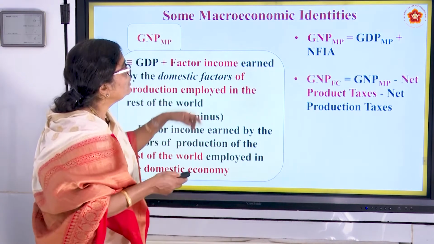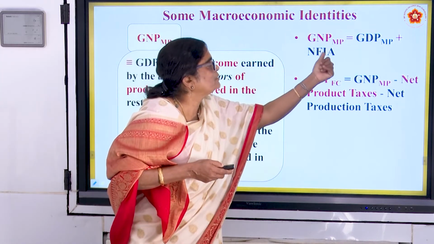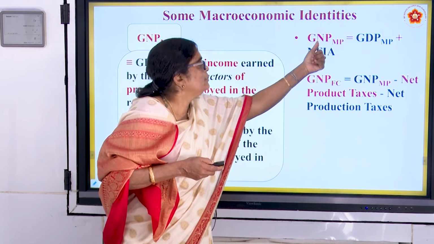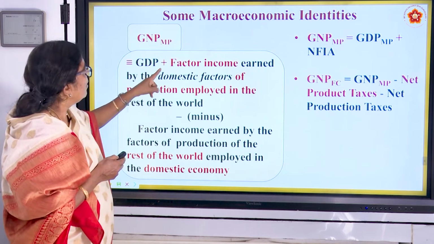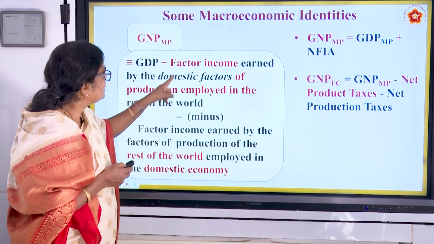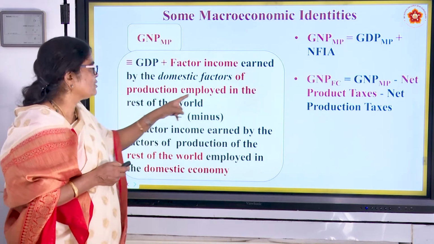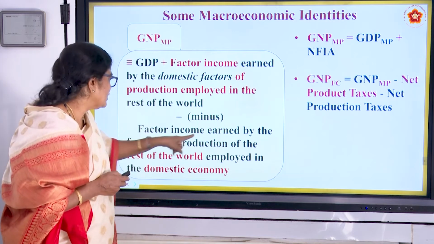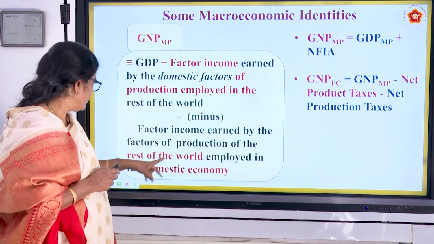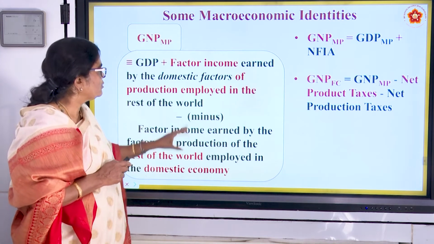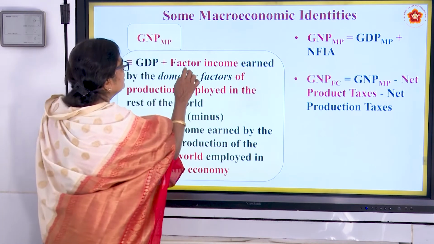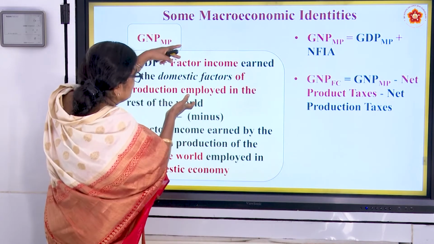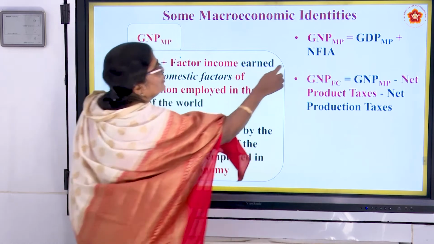When you add GDP at market price with the NFIA, you will get GNP at market price. That is exactly what is mentioned in this chart. GDP plus factor income earned by domestic resources in the rest of the world, minus factor income earned by the factors of production of the rest of the world employed in the domestic economy. This will give you NFIA.